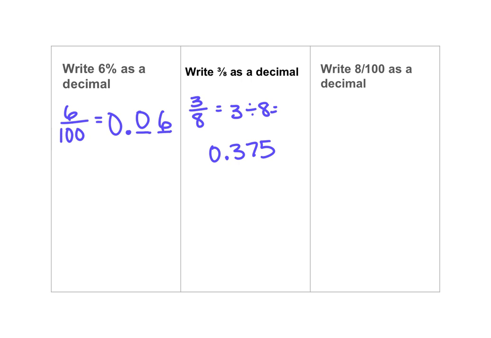All right, if we said this 8/100ths, if you can say it, you should be able to write it as a decimal because they are said the same. So tenths, hundredths. The 8 has to be in the hundredths place. There you go.